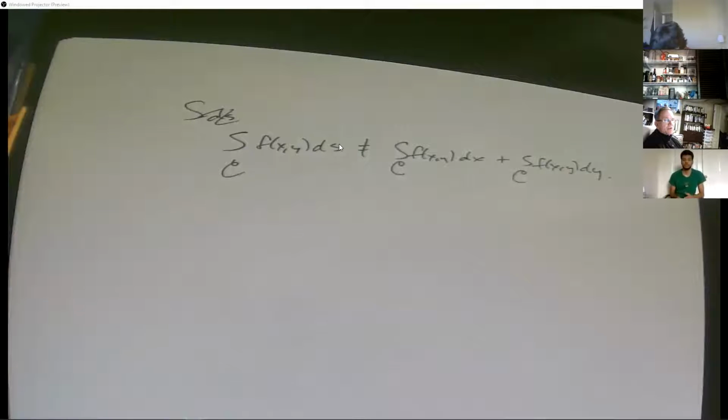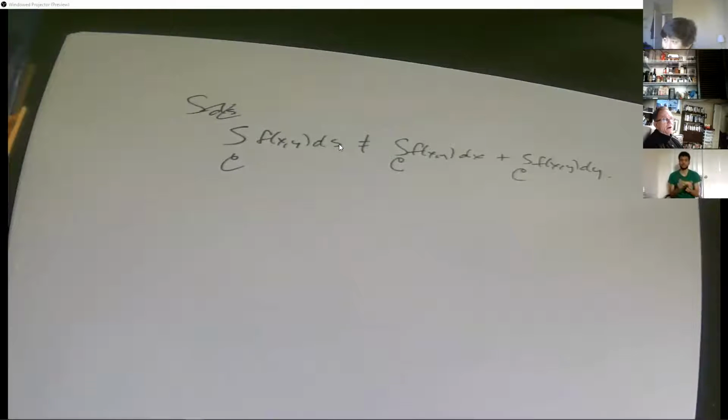Might it have to do with symmetrical functions? It has to do with something called a conservative field. So it's related to the gradient. Okay.